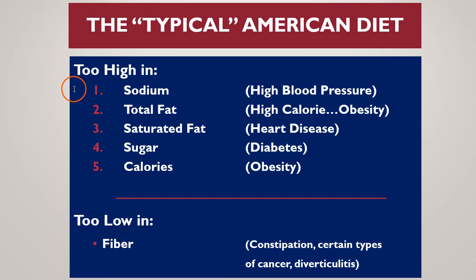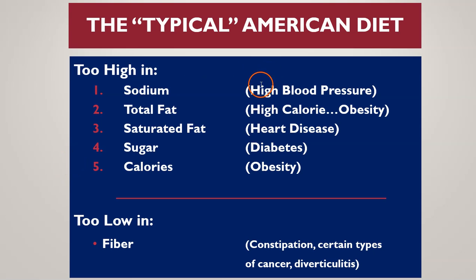The typical American diet is too high in these 5 items: too high in sodium, too high in total fat, too high in saturated fat. Saturated fat sometimes gets called the bad fat. Too high in number 4 is sugar, and number 5, too high in calories.